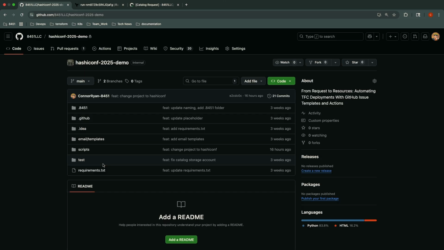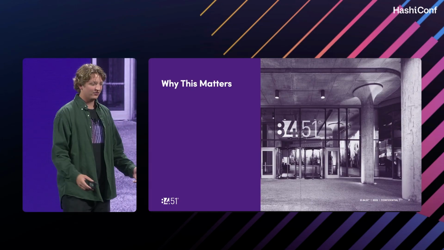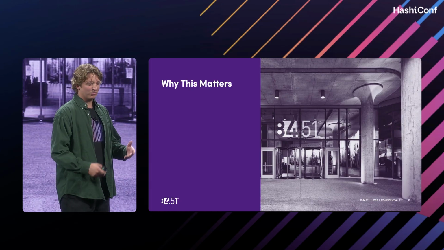So if we switch back to the presentation here, I can do my final remarks on this subject and about why this matters. I think this is a pretty cool process because this can work for an organization of any size. If you're a team of 1, a team of 10, a team of 100, or there are multiple different teams, anyone can have their own internal forms that they can fill out, either for their own team or for external teams in the company.